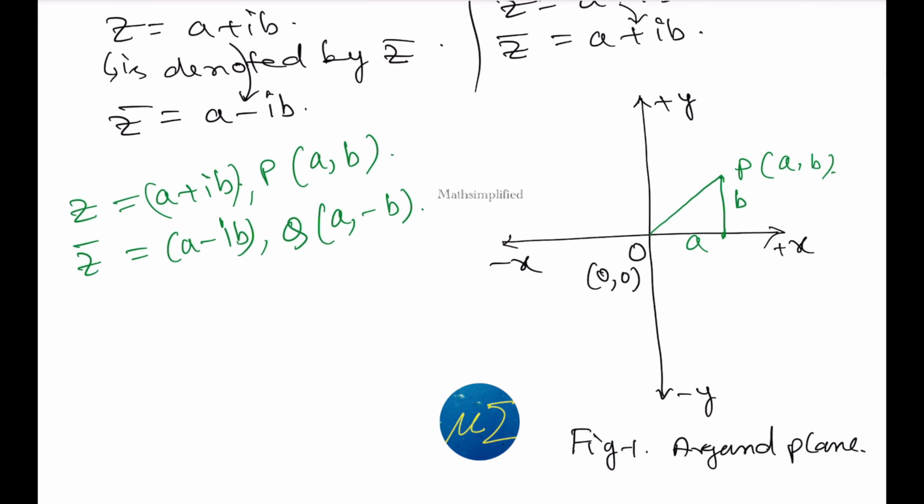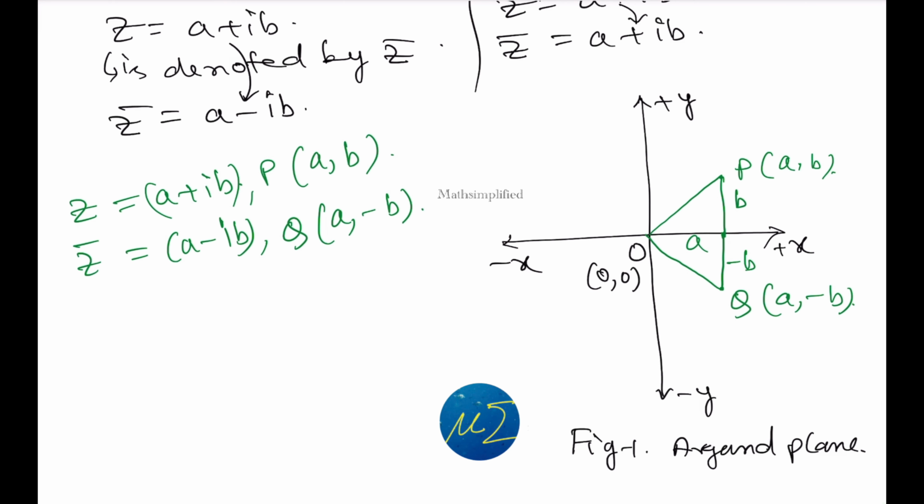You see that for both points the x distance is the same, which is a, but the y distance is equal but opposite, which is minus b. Now this is the conjugate point Q whose coordinate is a comma minus b. After that I will join conjugate point Q to the origin. You see that this is also a triangle.